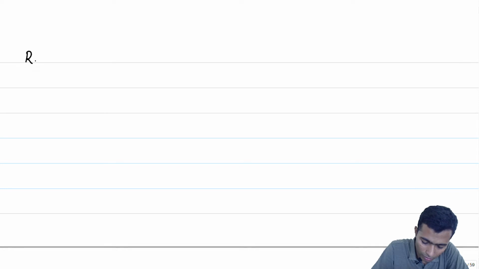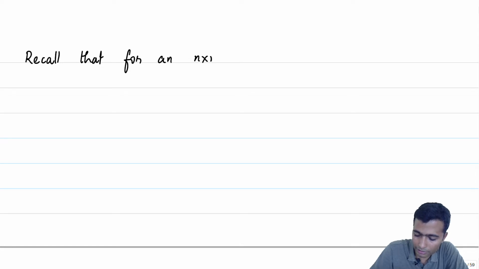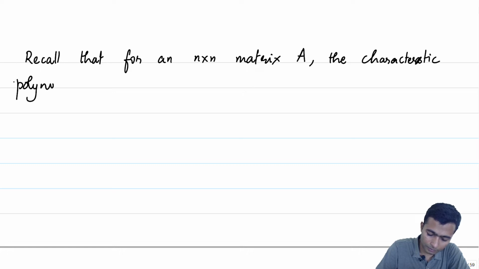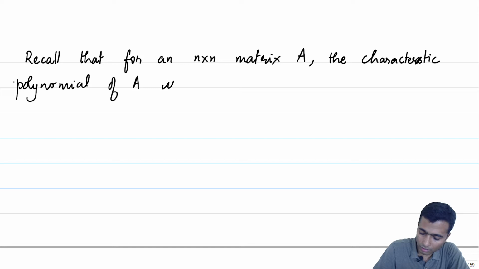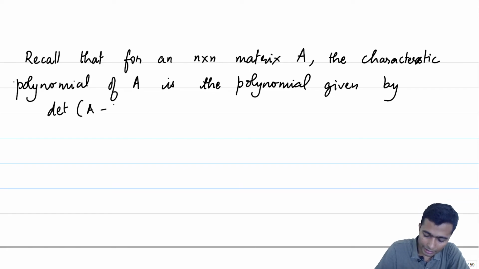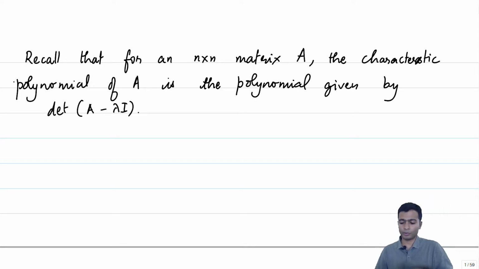So, recall that for an n cross n matrix A, the characteristic polynomial of A is the polynomial given by the determinant of A minus lambda I. Notice that this is a polynomial in lambda. We'll come to that in a minute.